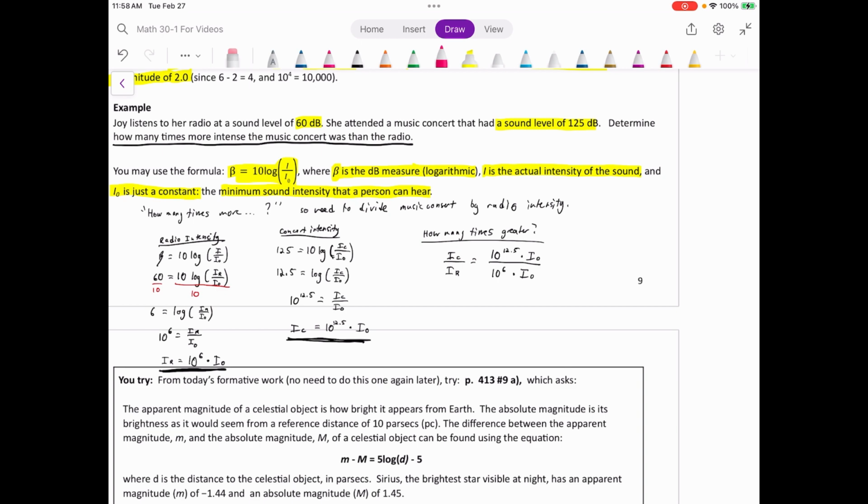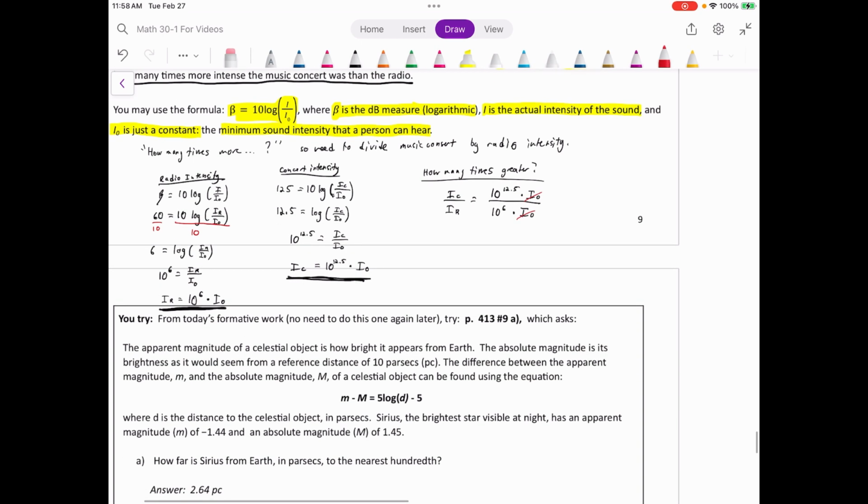And sure enough, reference intensity over reference intensity, those can just cancel out. And concert over the radio is just 10 to the power of 12.5 over 10 to the power of 6, which you could put in your calculator, but we might as well just use our exponent laws to simplify that, right?